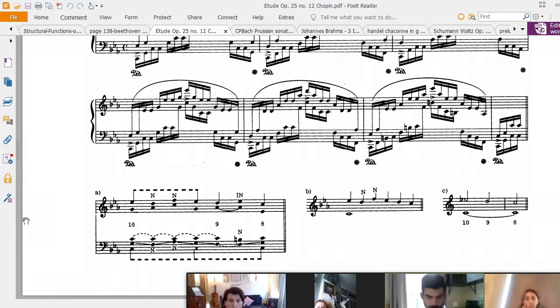Now, the reason why it doesn't go bonkers is because he designed this. So he is working on safe ground. So you might think, oh my God, he's crazy. He goes all over the keyboard. No, he's doing this.